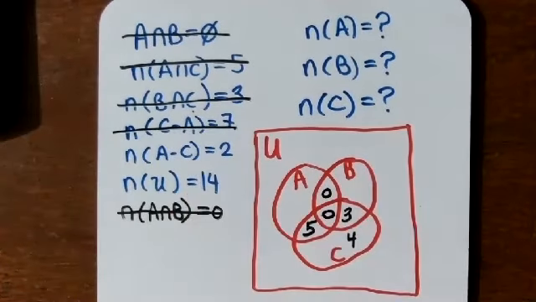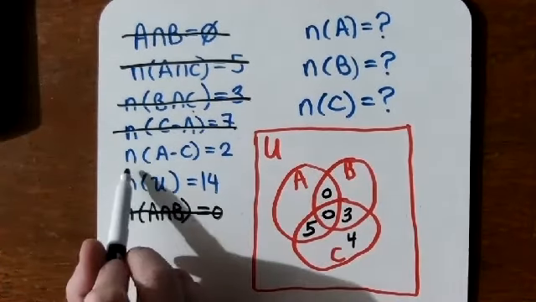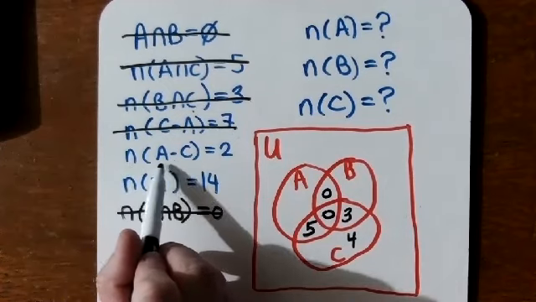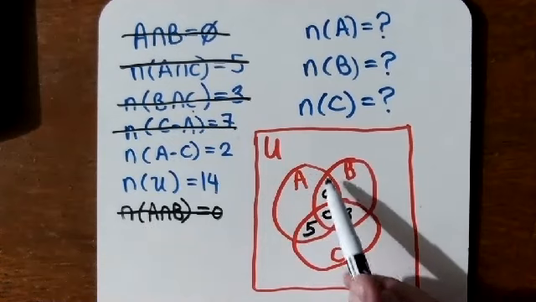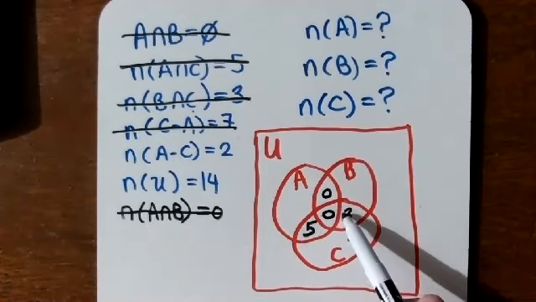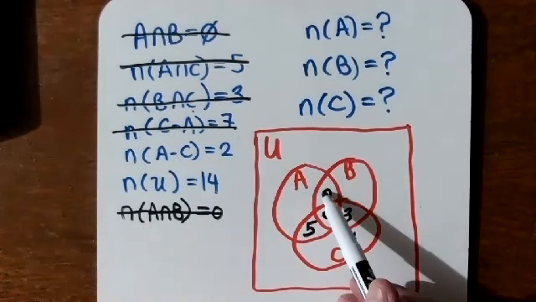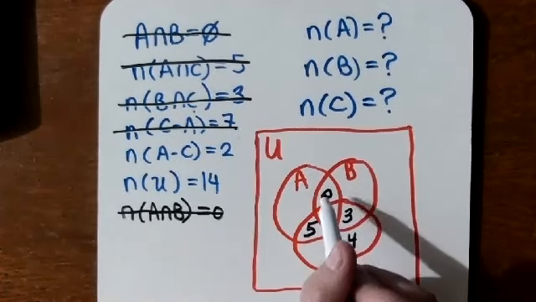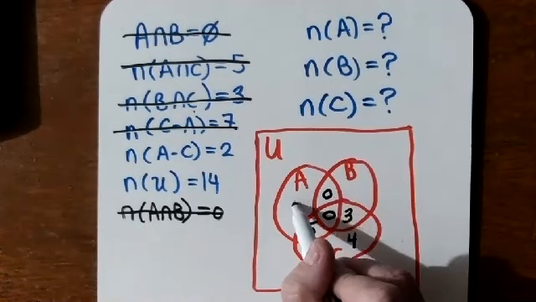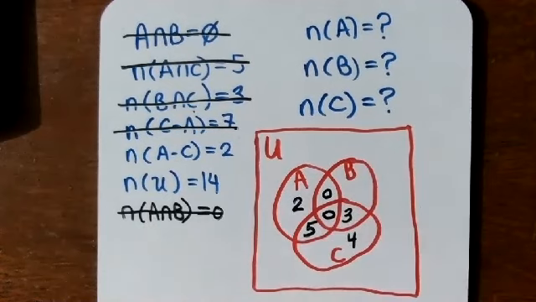And we've used that clue. Now the number of elements in the set A without C is 2. So if we look at A and we remove C, then we're looking at these 2 regions here, the sum of which is 2. 0 are here, so the other 2 elements are here.